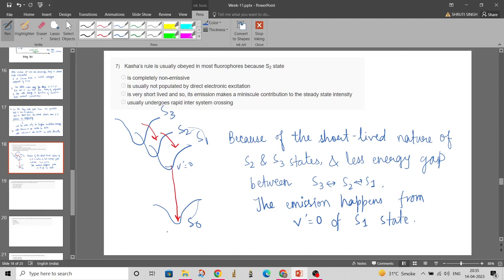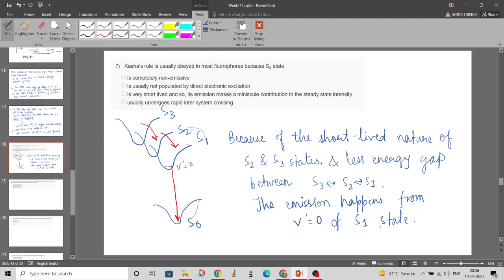Okay, so to answer this question, Kasha's rule first of all says that the emission spectra is the mirror image of the absorption spectra, and we get emission from the lowest vibrational level of the S1 state. This is the lowest vibrational level of the S1 state.